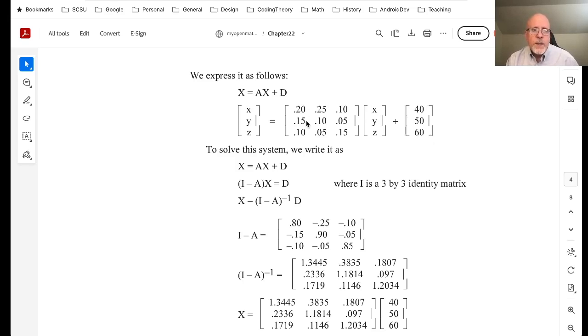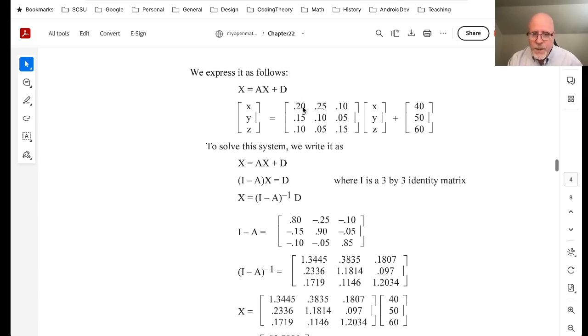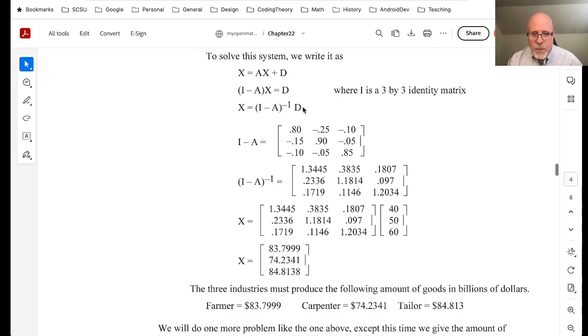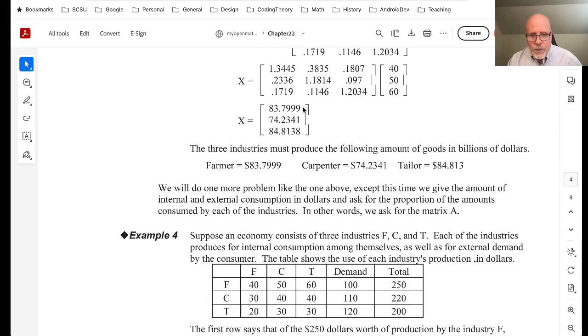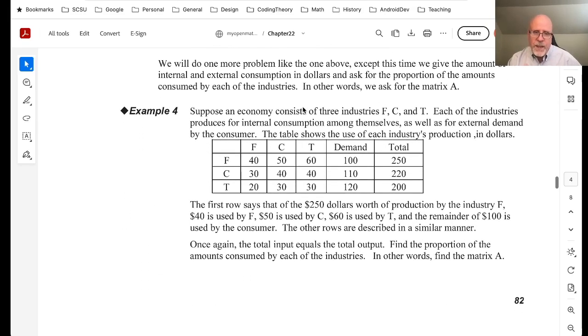Only about 45% is stuff that's traded between the different producers in this economy. So let's just follow the algebra now.